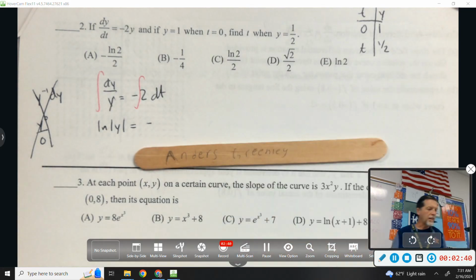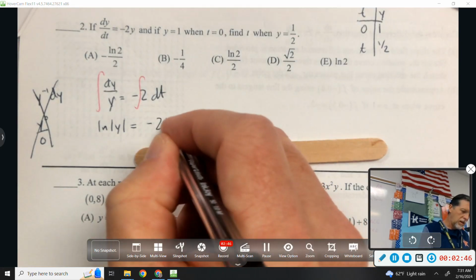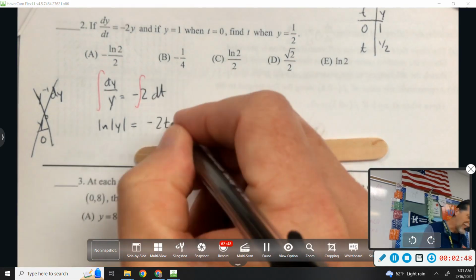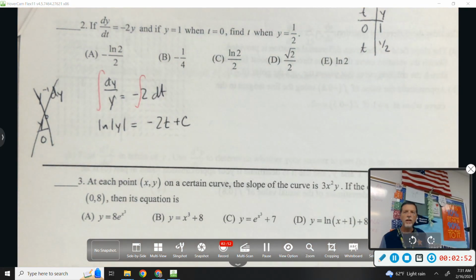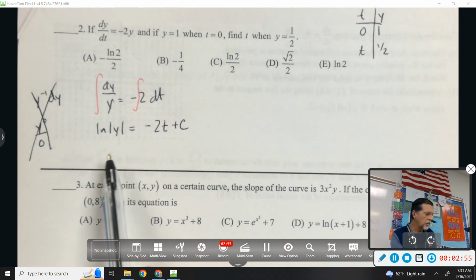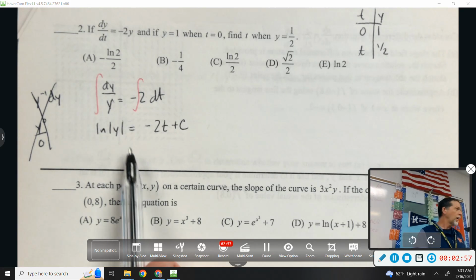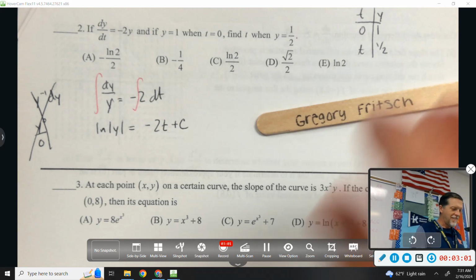Anders, how about the right-hand side? What's the antiderivative of 2 dt? Just negative 2t plus c. Plus c. Good catch. Yes, got to have the plus c on there. Gregory, tell me, what do we want to do next? The e thing.